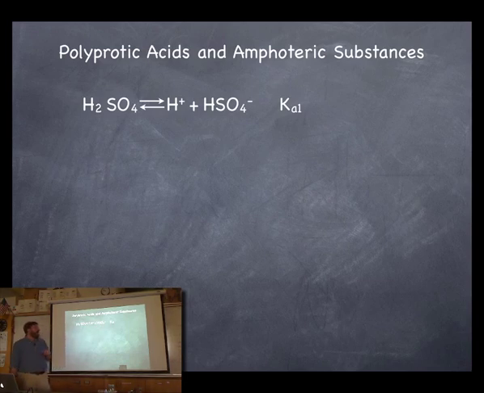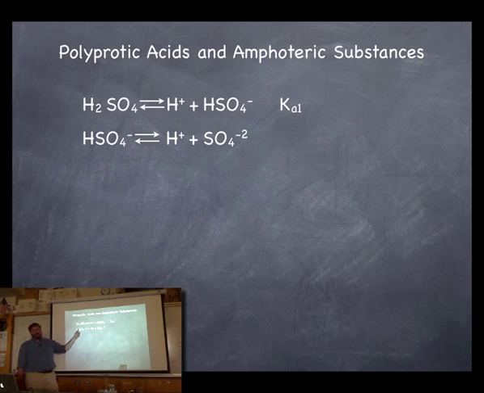So, Ka1, we call it, for the first hydrogen that comes off. But this reaction doesn't produce just hydrogen, it also produces hydrogen sulfate. And hydrogen sulfate itself can undergo another reaction. That hydrogen sulfate can produce a second hydrogen in solution with a different equilibrium constant.